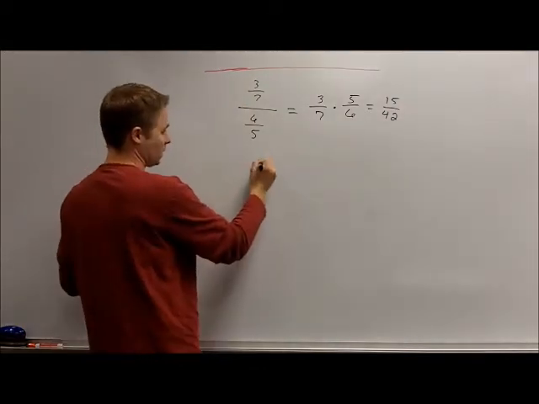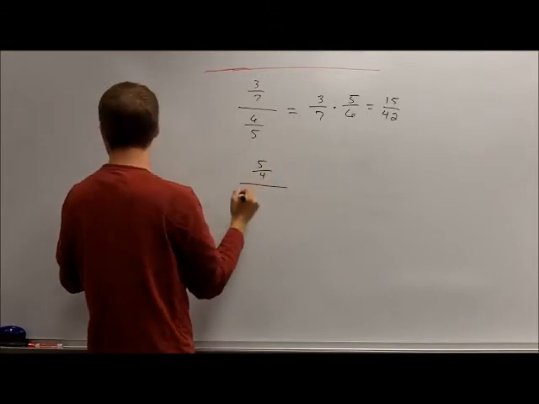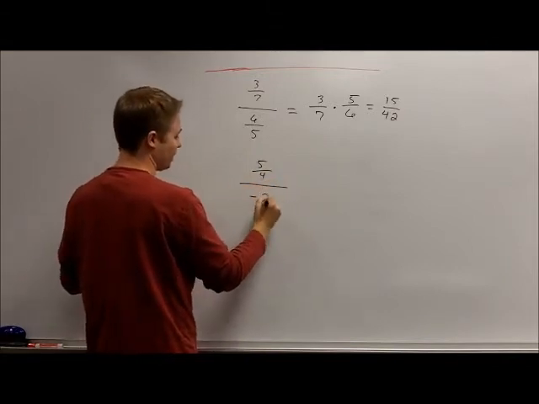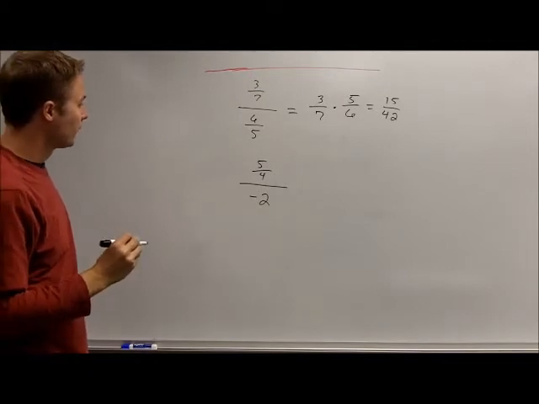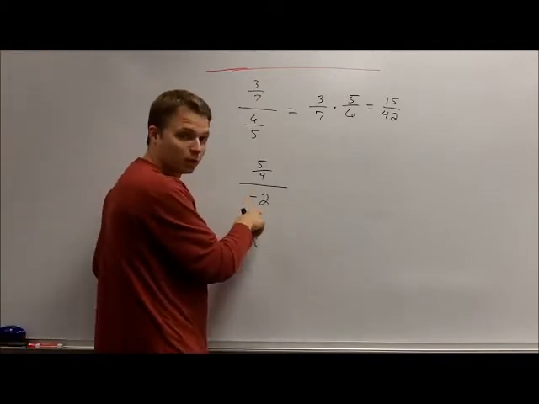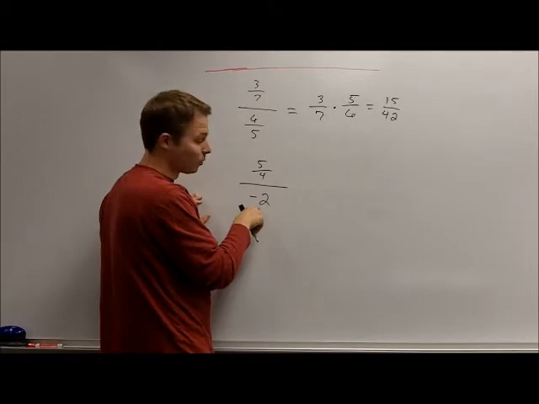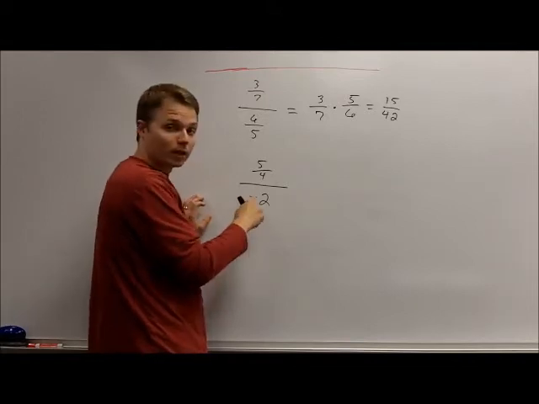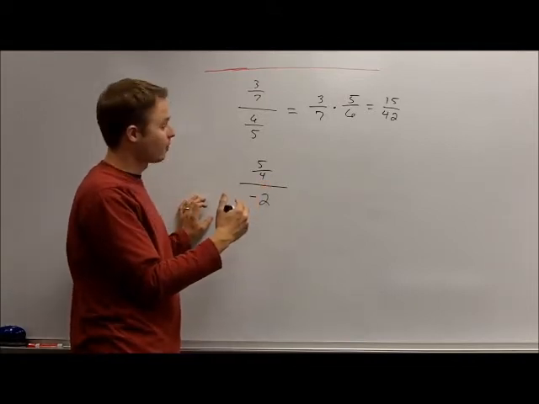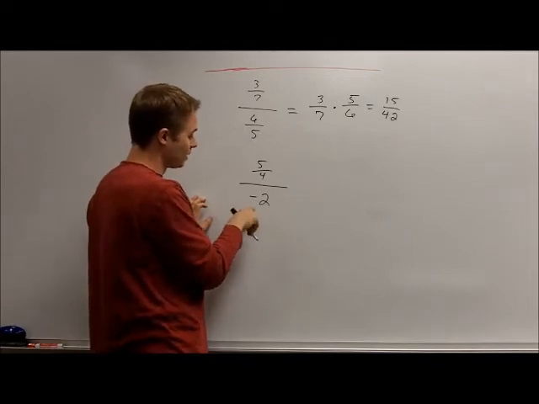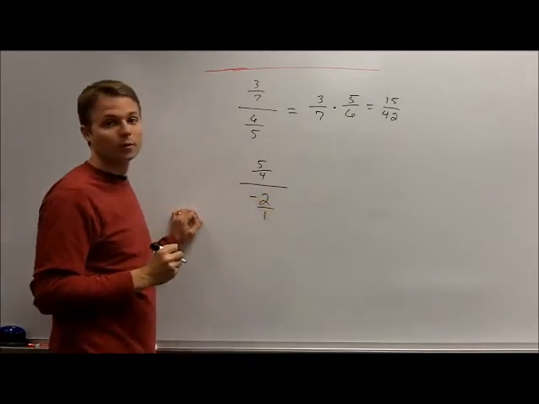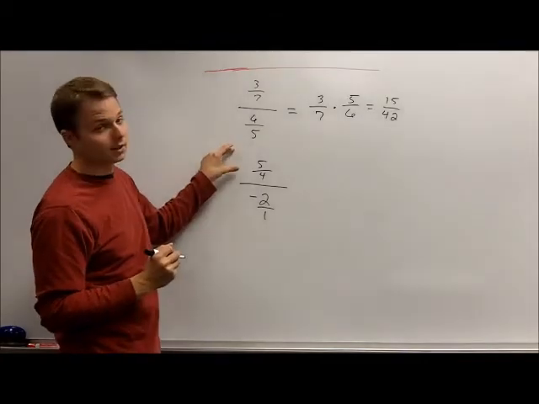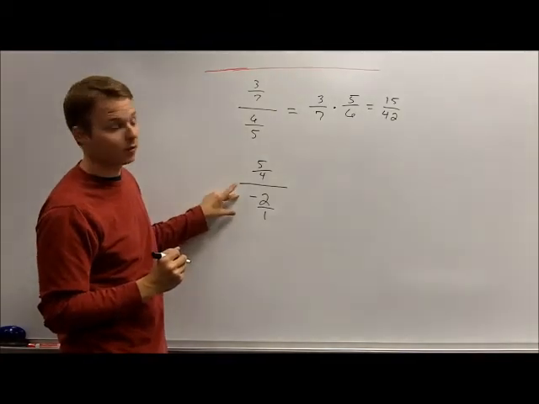Let's try one that's a little different. How about 5/4 divided by -2? In this case, -2 is not necessarily a fraction, at least the way we have it written, but remember we can always think of any whole number as a fraction. So I'm actually going to think of that as -2 over 1, just so we have it again in the form of fraction divided by fraction.